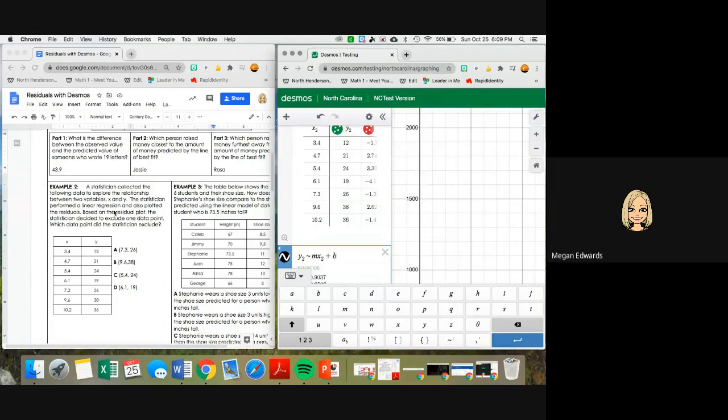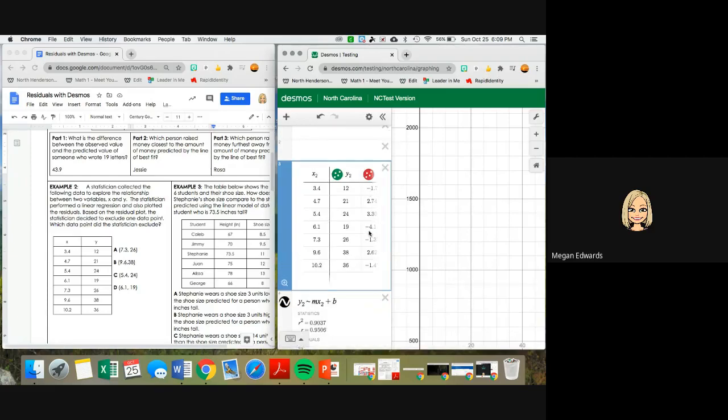So now I've got my residuals, and it's asking me a question. It says the statistician performed a linear regression and plotted the residuals. Based on the residual plot, they decided to exclude one data point. Which point did he exclude? So statisticians exclude outliers, and outliers are points that fall really far away from our predictions. So our outlier is going to be the point with the biggest residual.